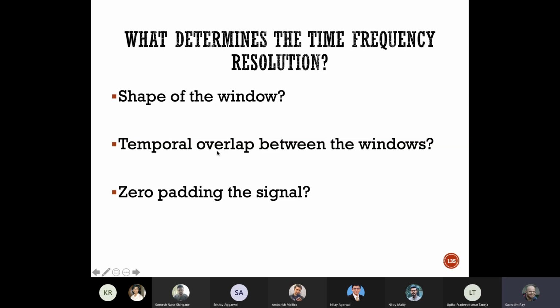Taking baby steps, I am not improving the time resolution, and by zero padding, I am not improving the frequency resolution. I'm just getting more data, but they are just obtained by convolving the original one and adding intermediate points. They are related to each other in frequency.